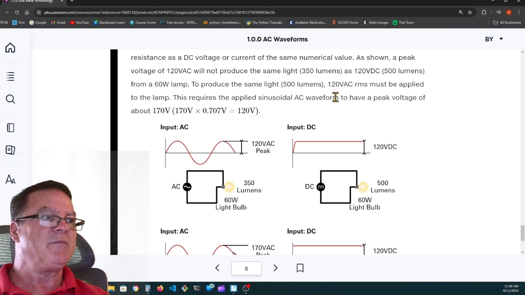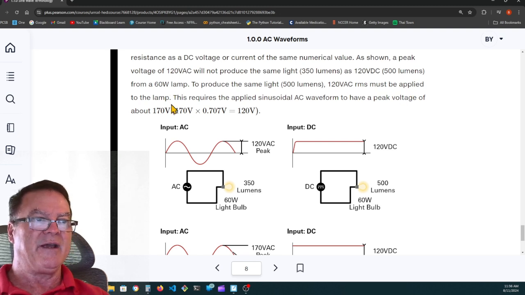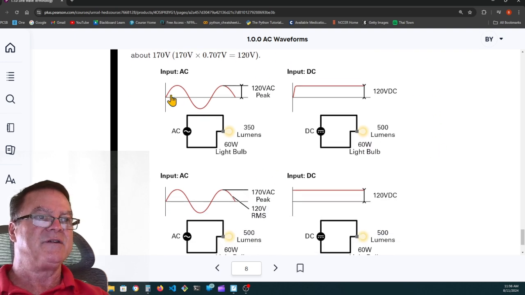To produce the same light, 120 volts RMS must be applied to the lamp. This requires the applied sinusoidal AC waveform to have a peak voltage of approximately 170 volts. And that will give you about the same output as that DC 120 volts.